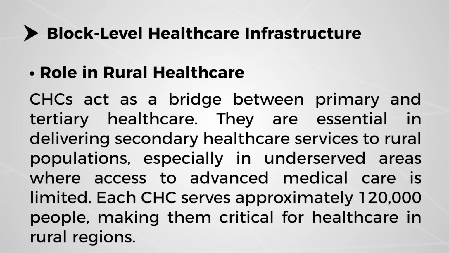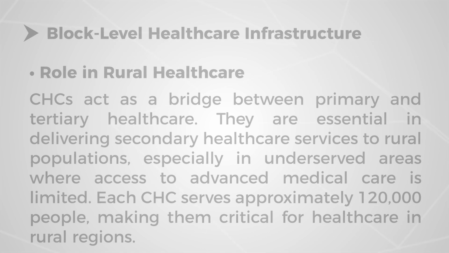They are essential in delivering secondary health services to rural populations, especially at the village level and also in underserved areas where access to advanced medical care is limited. Each community health center serves approximately more than 1 lakh, or 1,20,000, people, making them critical for health care in rural regions.